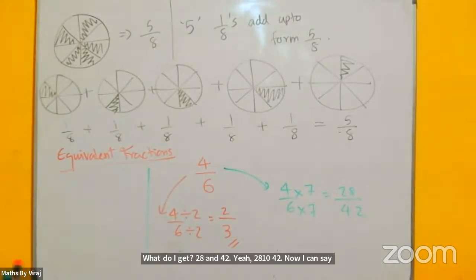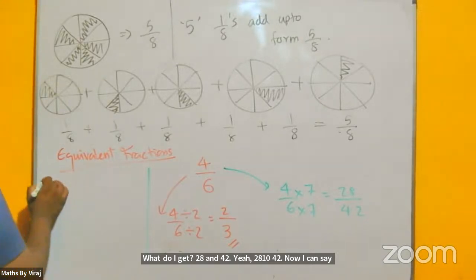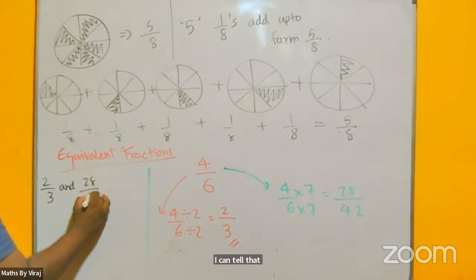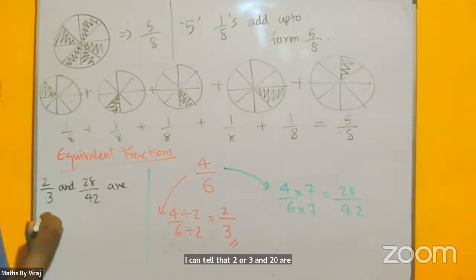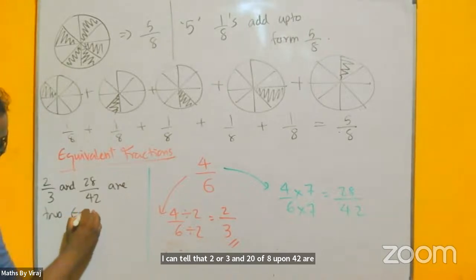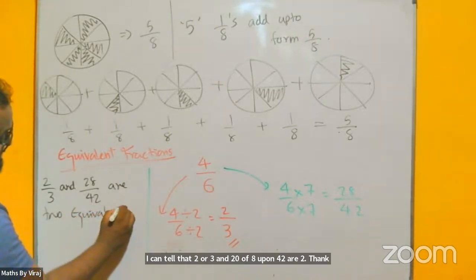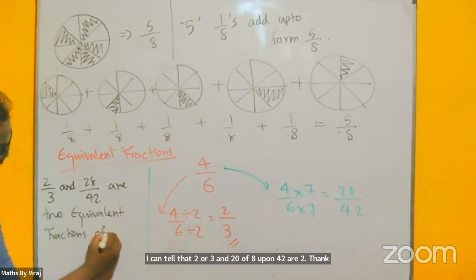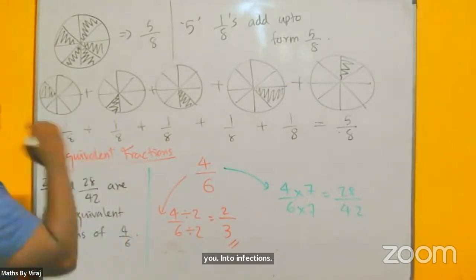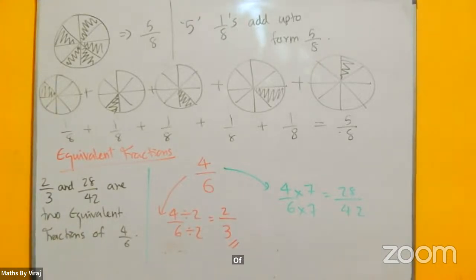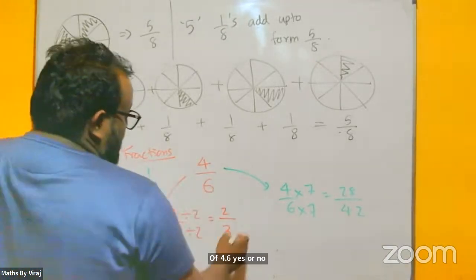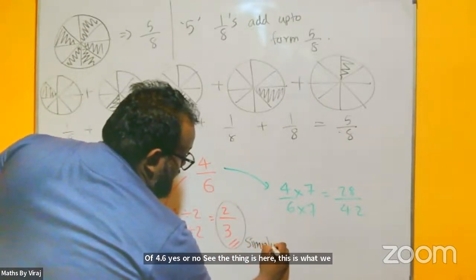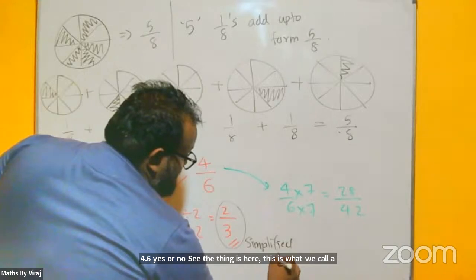Now what is it that I can tell? I can tell that 2 upon 3 and 28 upon 42 are two equivalent fractions of 4 upon 6. Yes or no? This is what you call a simplified answer.